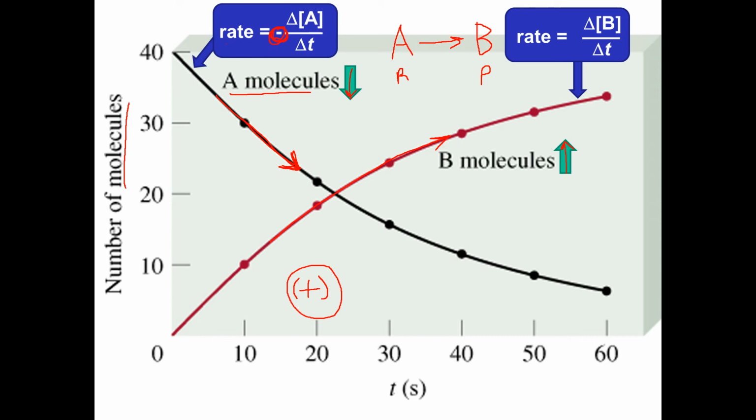That makes the rate overall positive. We don't need to include a negative sign when we express the rate in terms of a product, because we're already producing a positive amount. So, moral of the story, we always express rates in terms of a positive.